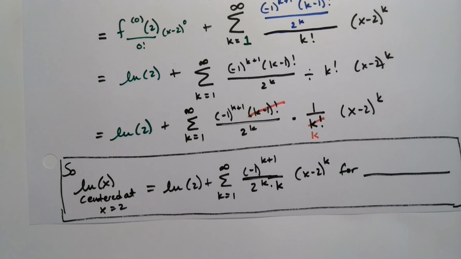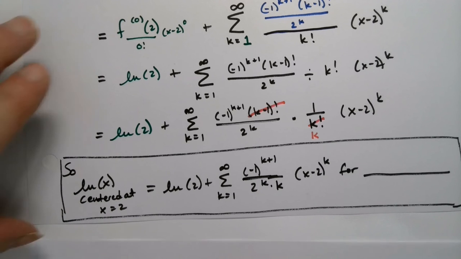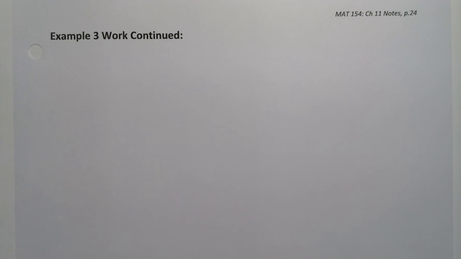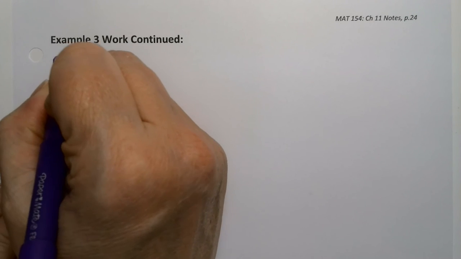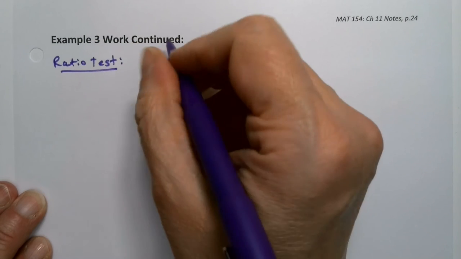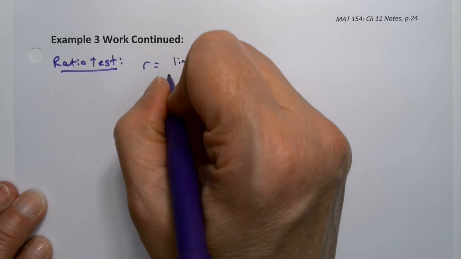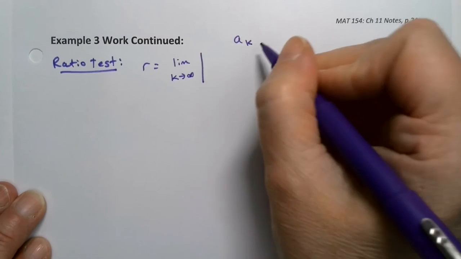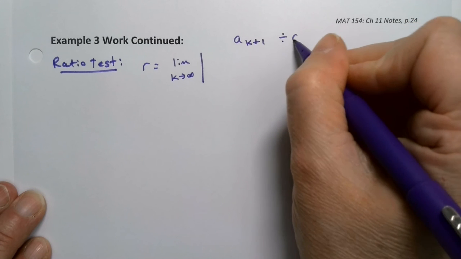Speaking of which, we're going to need a test to find this. So I mean, we have options, but why not use the ratio test? It works really well for us. So let's use that ratio test. So r is equal to the limit as k goes to infinity, absolute value, of a sub k plus 1 divided by a sub k.